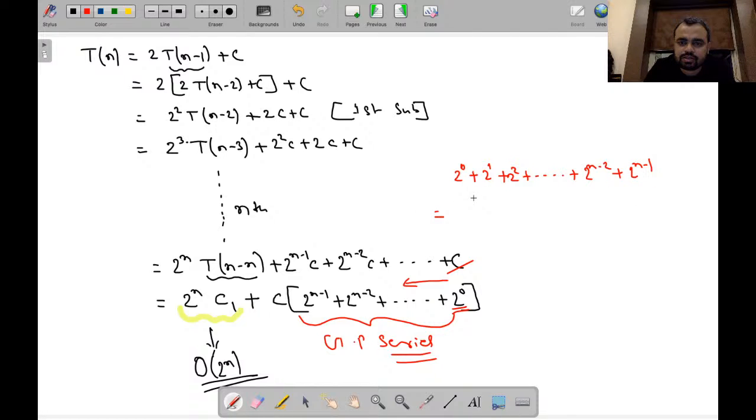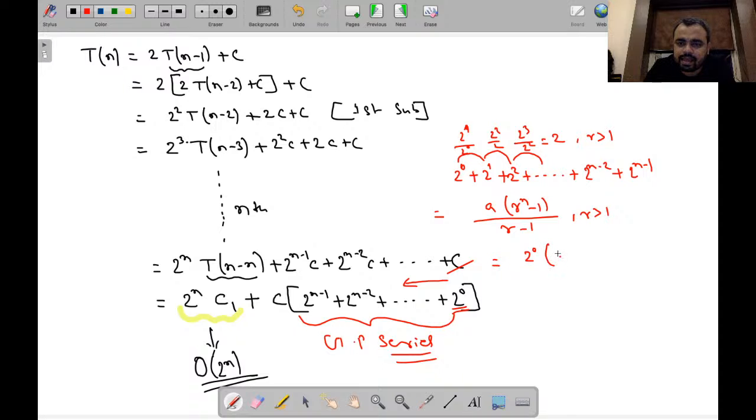The sum of the GP series is a into r to the n minus 1 over r minus 1. You can check the ratio of each consecutive term to see that r is greater than 1.